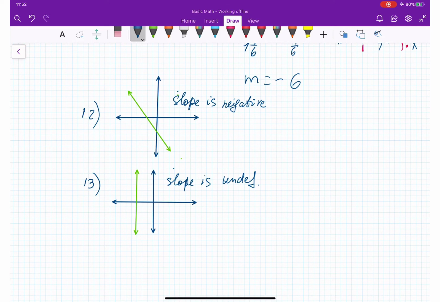So how, mathematically in the calculation, will we meet such a slope?